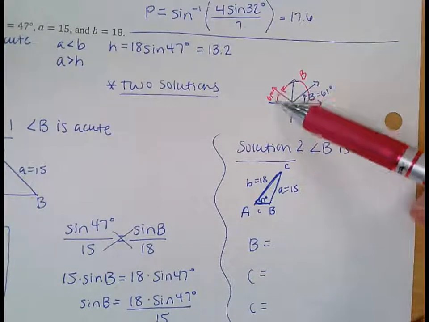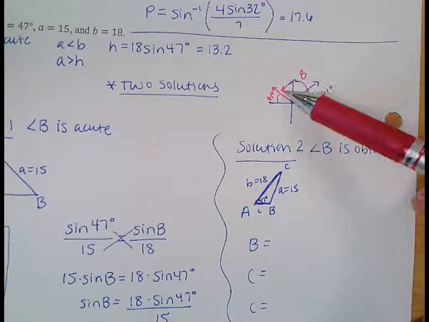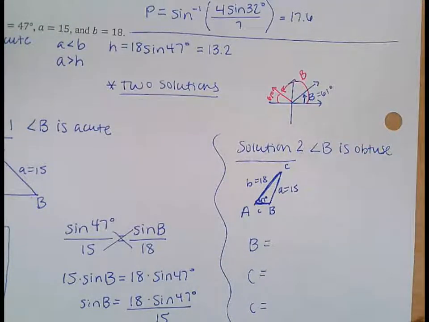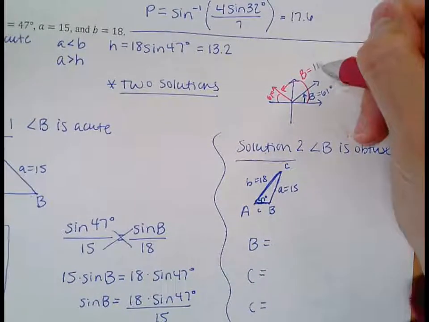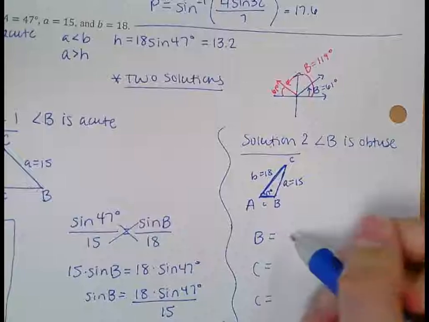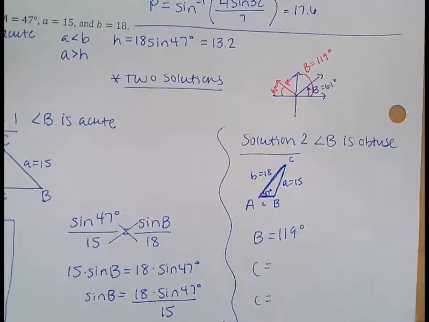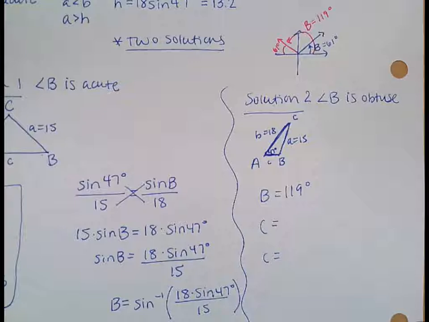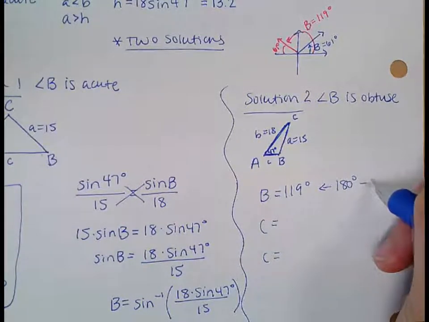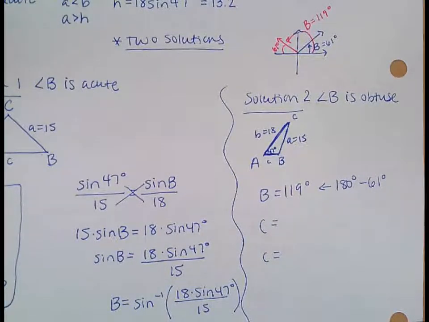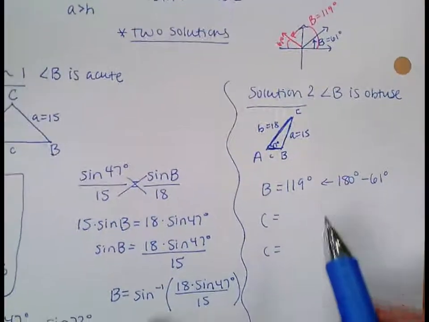If the reference angle was 61, how would you find angle B? Yeah, 180 minus 61, and that would be 119. So the other possible angle B could be is 119 degrees. And it's, again, taking 180 and subtracting 61, because 61 could be the reference angle for angle B.